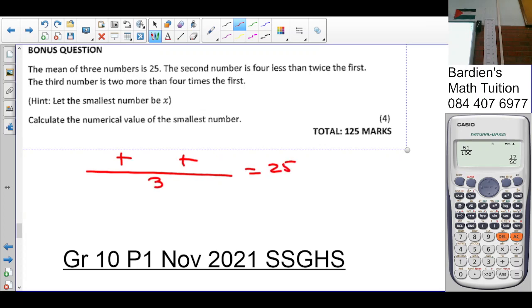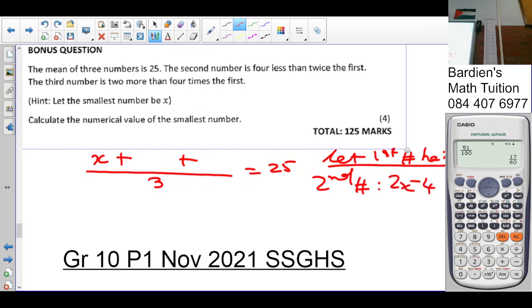The second number is 4 less than twice the first number. So let the first number be x. The second number is 4 less than twice the first number. Okay?